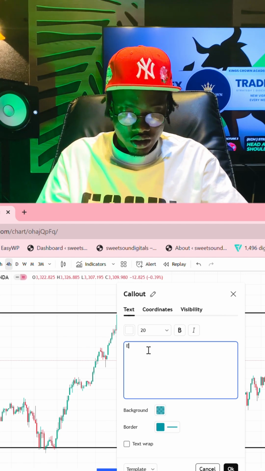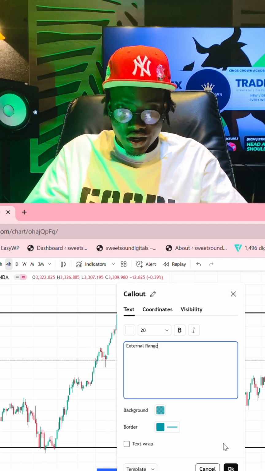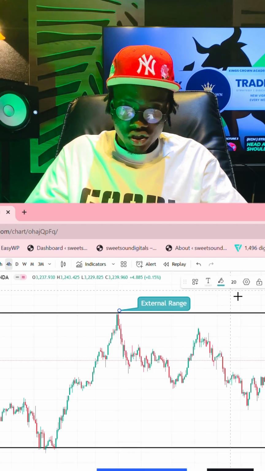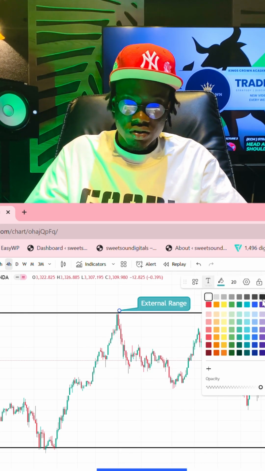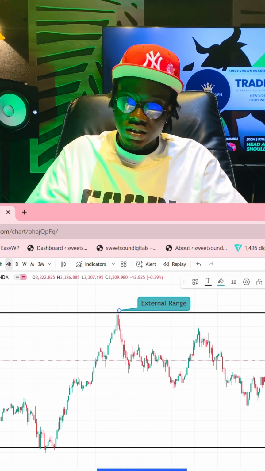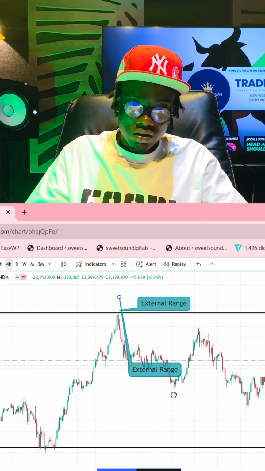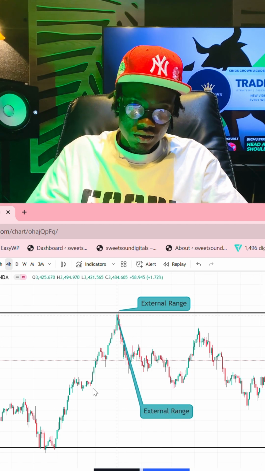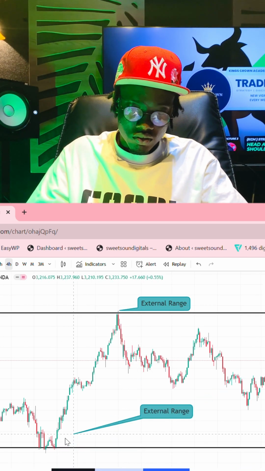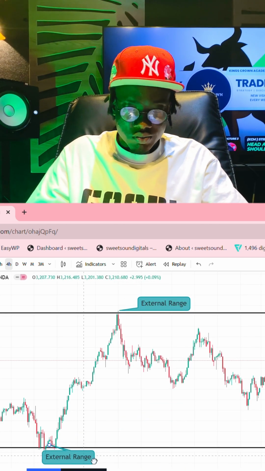Yes, guys, I'll change the color to black, something more visible. So this is my external range.